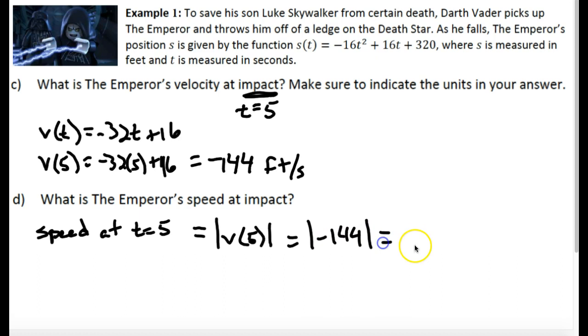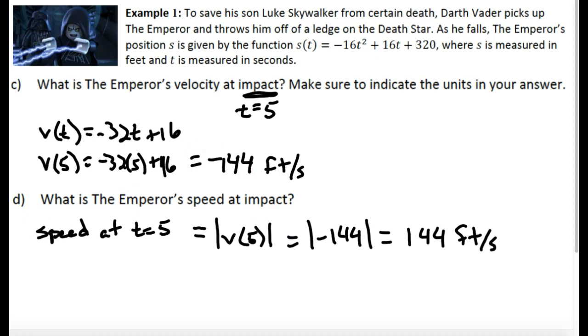So the absolute value of negative 144 is positive 144 feet per second. All right, remember, this negative just tells me the direction. This means the emperor was going down. Speed is directionless, right? That's why speed is always positive. This positive or negative in velocity just gives me a direction.